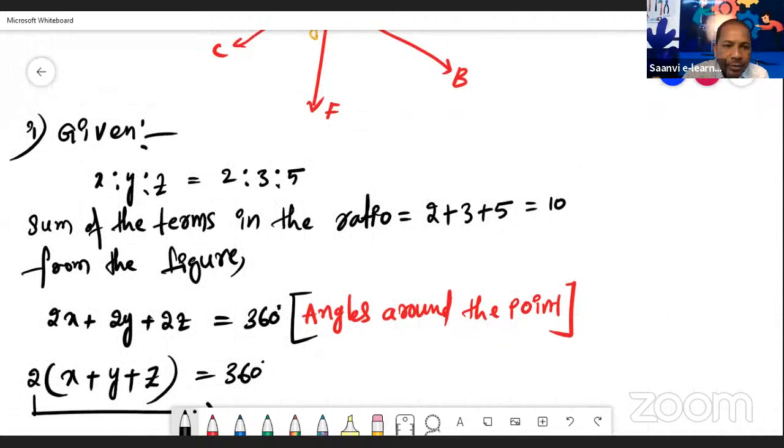So here, what is the X part? Is 2, isn't it? X part is 2 here. And sum of the terms in the ratio how much? 10. Okay, sum of the terms in the ratio 10. And the sum of all angles, X plus Y plus Z, is equal to 180 degrees.